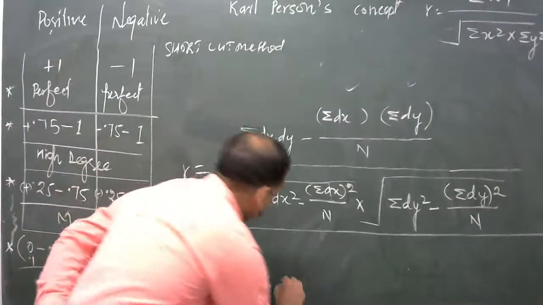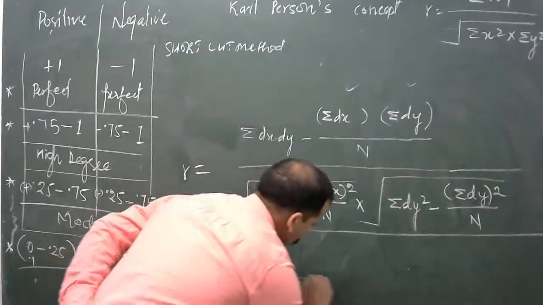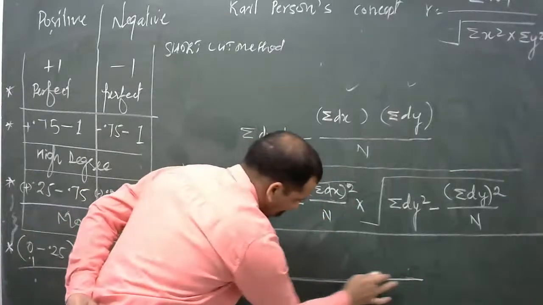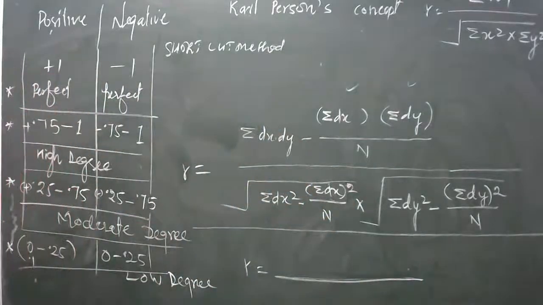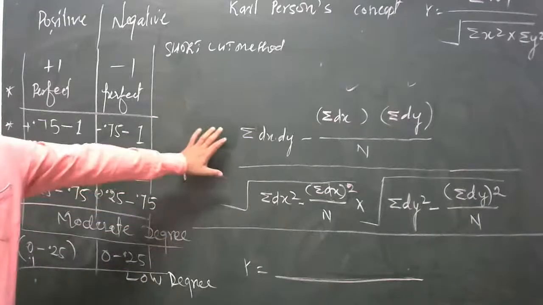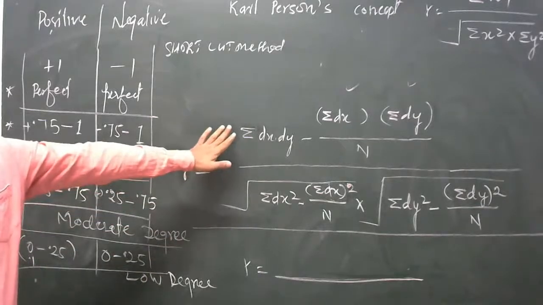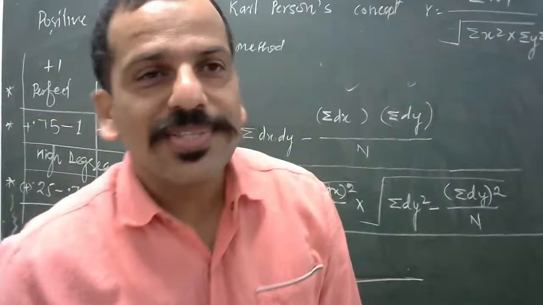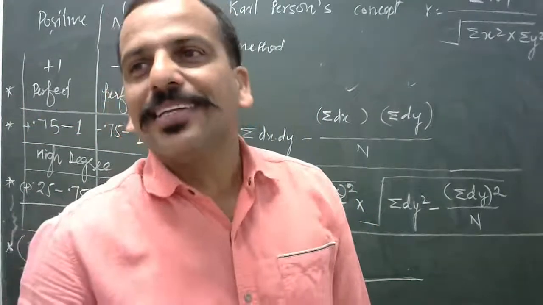This is equal to... how can we break down this formula? How can you remember this formula for a longer time, at least the next 20 days?